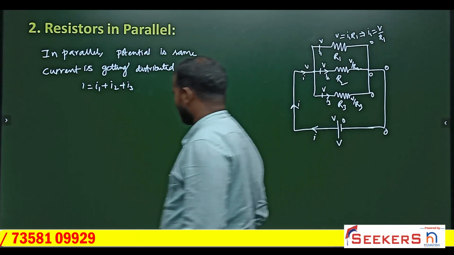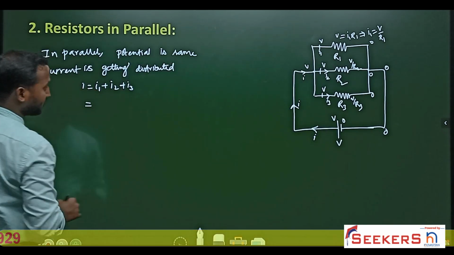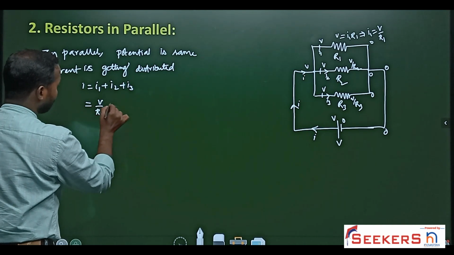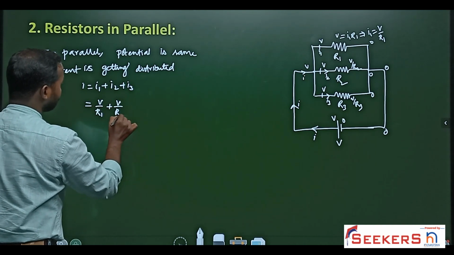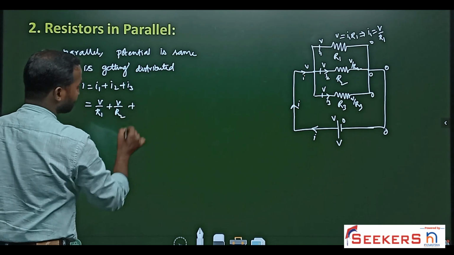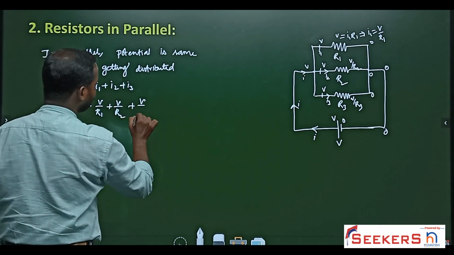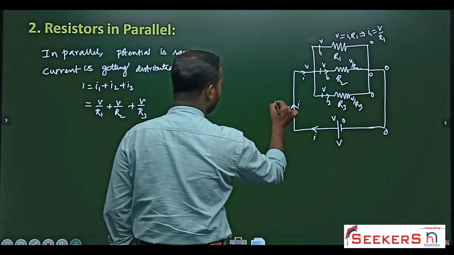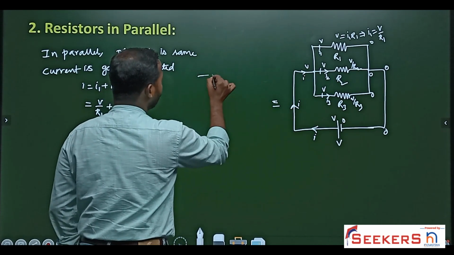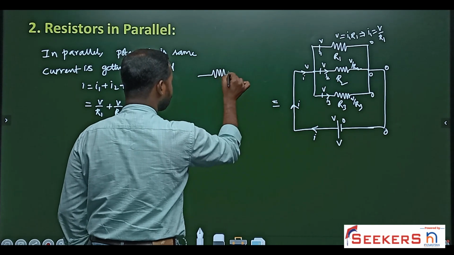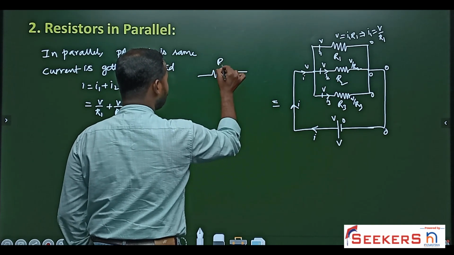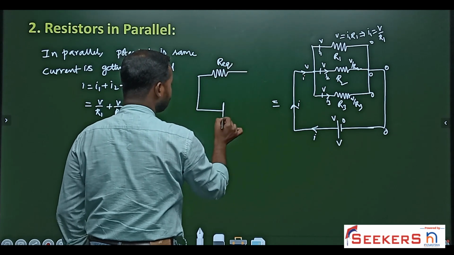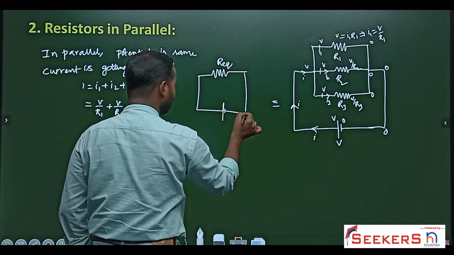Now these are the currents. I1 is the current that is passing through the resistor R1, that is V by R1. Here it is V by R2 through the second resistor. Next, through the third resistor it is V by R3. Now consider the equivalent circuit diagram where instead of three resistors I have only one resistor whose resistance is R equivalent, connected to the same or a similar cell.